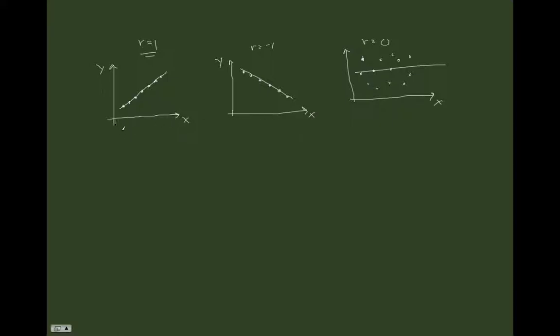So this is perfect positive. This is perfect negative. And this is no association.